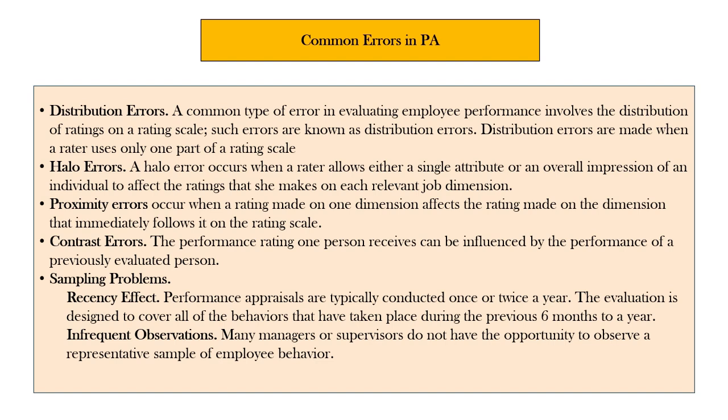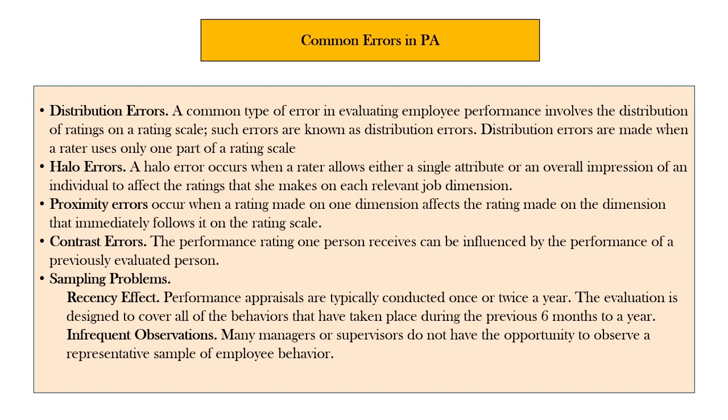What are the common errors in performance appraisal? Take note of this because these are current topics currently being asked in IO. We have distribution error. When we say distribution error, we are either conducting leniency error, or central tendency error, or the strictness error.